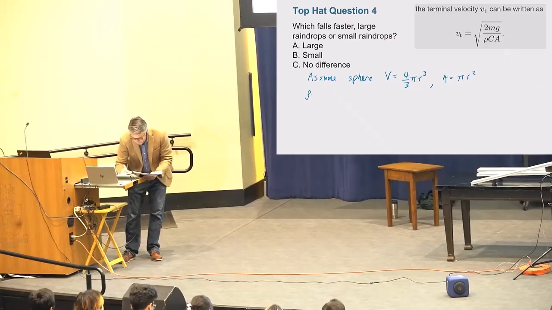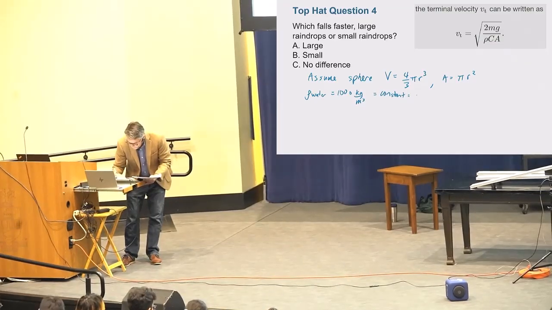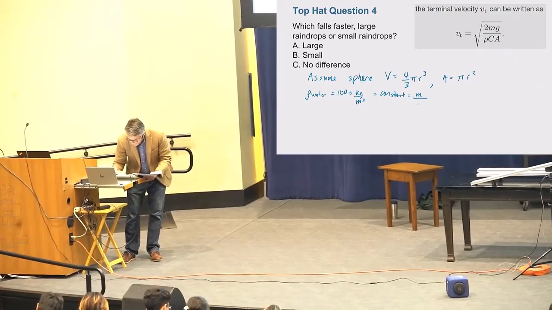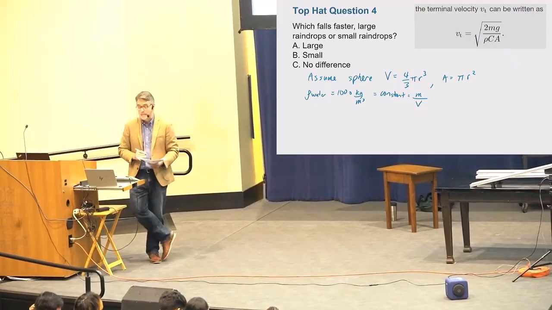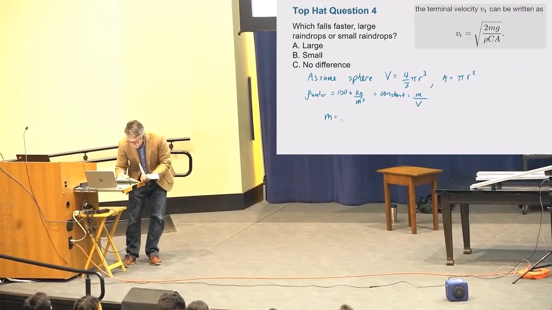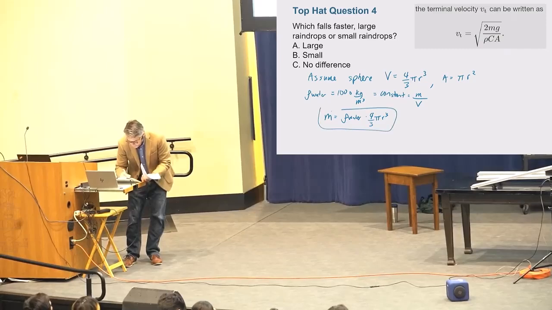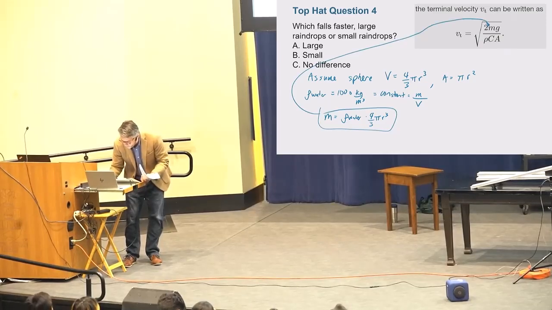And density of water is 1,000 kilograms per meter cubed, is constant, and that's equal to the mass divided by the volume. Okay? So I would say that the mass is equal to the density of water times 4/3 pi r cubed. So you can plug this into there, and you can also plug in the area.